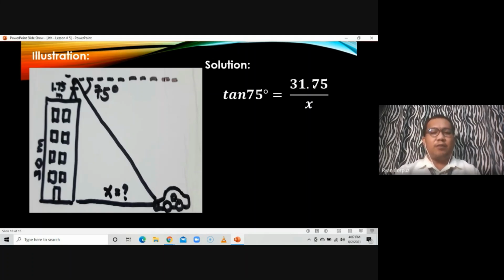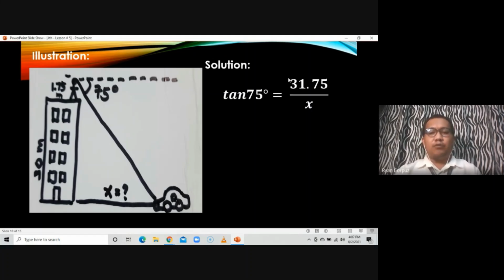Again, why did it become 31.75? 30 meters, the height of the building, plus the 1.75 meters tall man on top of the building, over x. So from there, let's apply cross multiplication. So that's tangent 75 degrees over 1. Tangent 75 degrees times x equals x tangent 75 degrees.